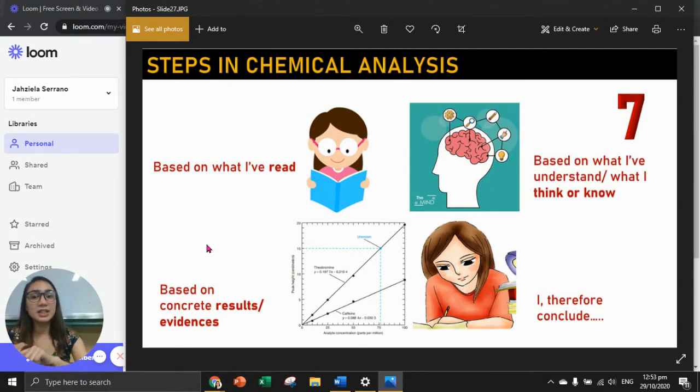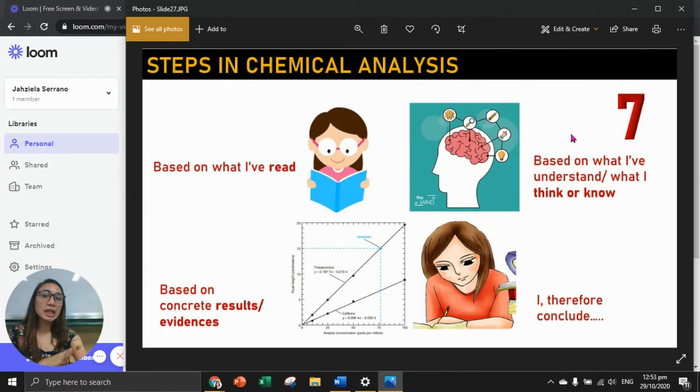Kasi without the evidences, hindi nyo pwedeng i-justify. No? Kailangan lagi kayong merong justification. So as a scientist, as a food technologist, you're not only being scientific, but also kailangan para kayong mga lawyer, no, na kailangan meron kayong pruweba, meron kayong evidence. So I therefore conclude. So yun yung conclusion. That is your last step.